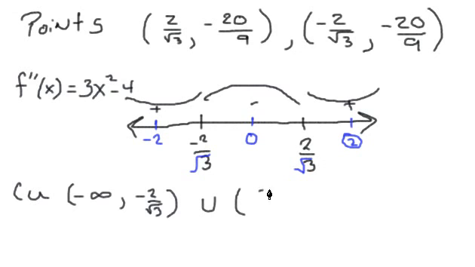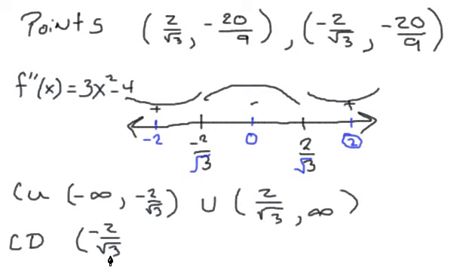And then this would be from 2 over the square root of 3 to infinity. Okay, so that's where it's concave up. And then concave down is from negative 2 over the square root of 3, comma, 2 over the square root of 3. Okay.